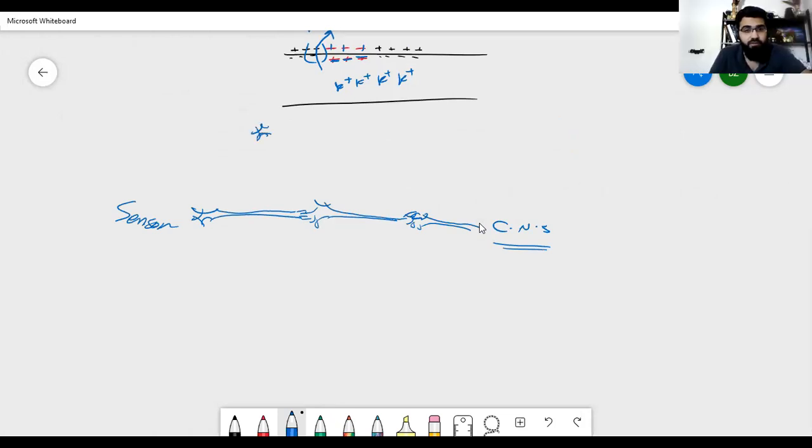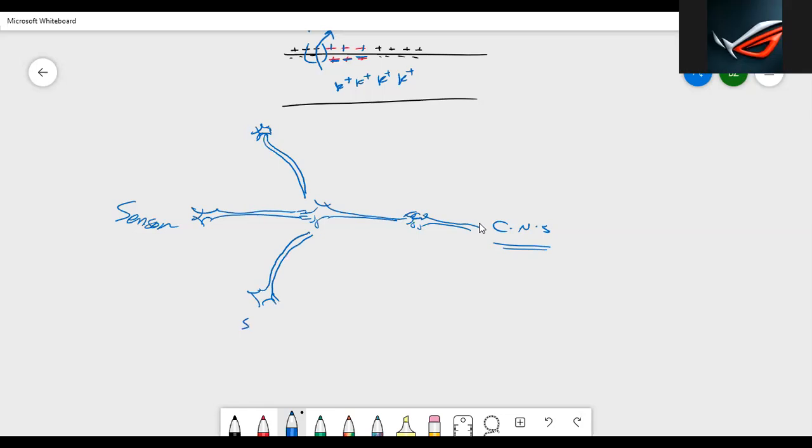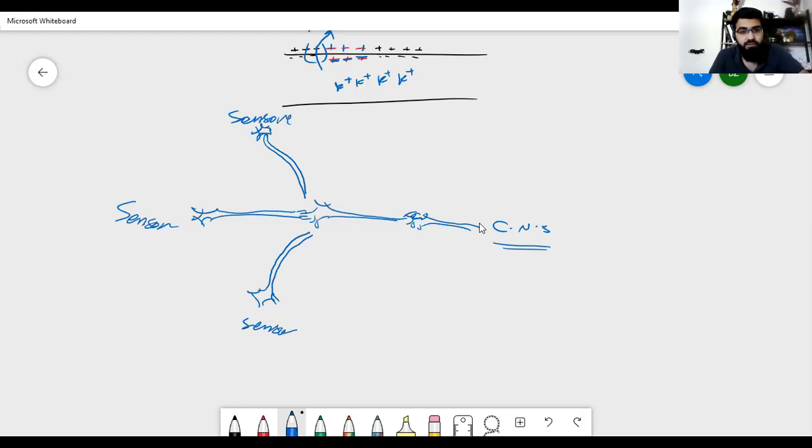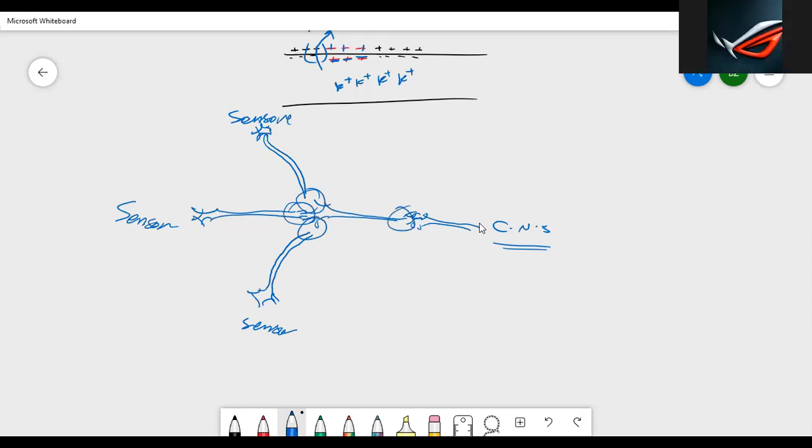For example, all your skin has sensors for temperature and pressure. All of them send messages to the central nervous system. It's interconnected together like this: sensor, sensor, they send messages and meet together in these points. So we have meeting points, or synapse points, between the neurons. You understand?